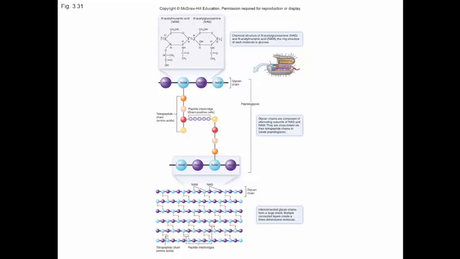Here is the image that you're looking at for the wall. And this image, first off, is the components and structure of the peptidoglycan. Now, notice the arrangement. Notice the chains. Notice these unique molecules here.